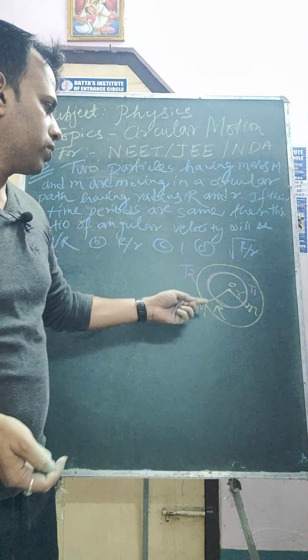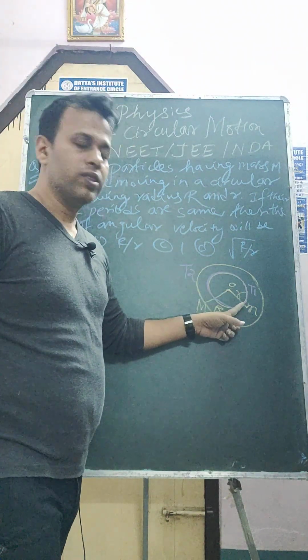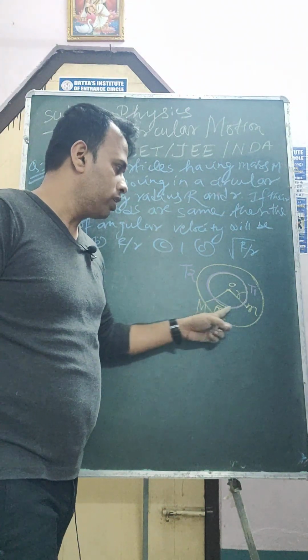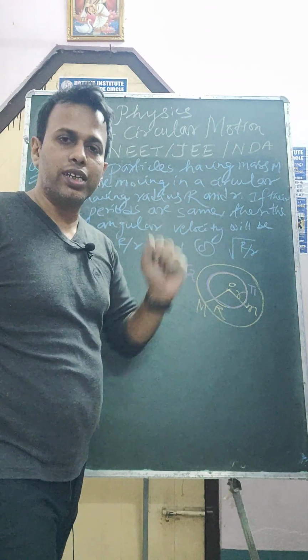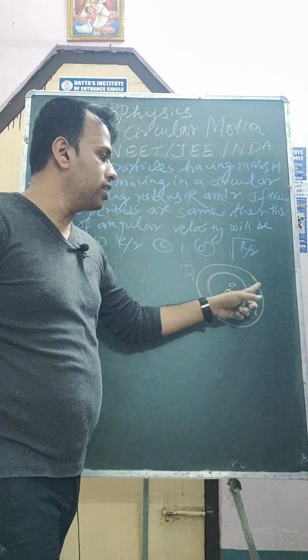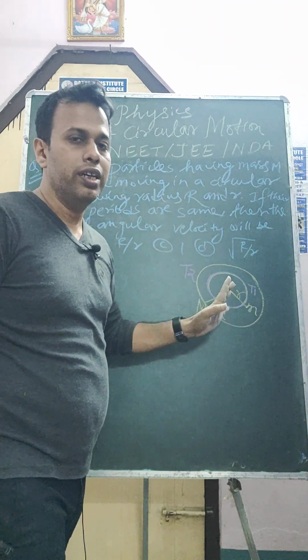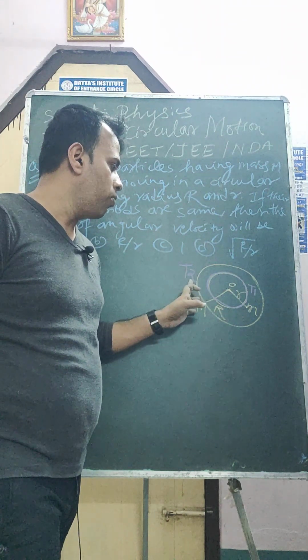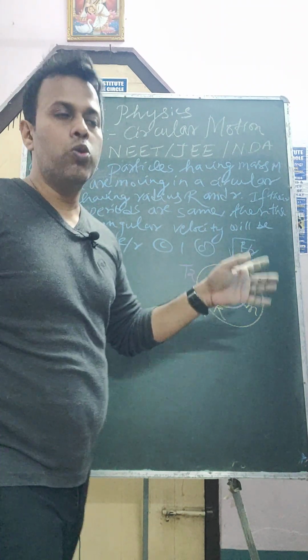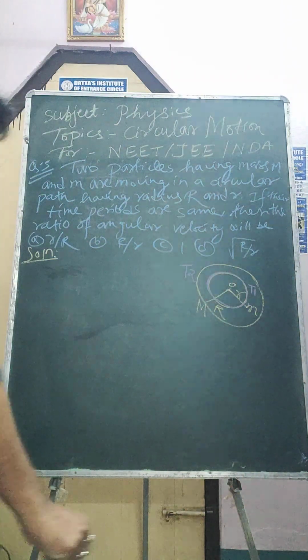That is, suppose this object needs 5 seconds to complete the circle, and this object also needs 5 seconds to complete the circle. That means the angular speed of body 2 is more than body 1.